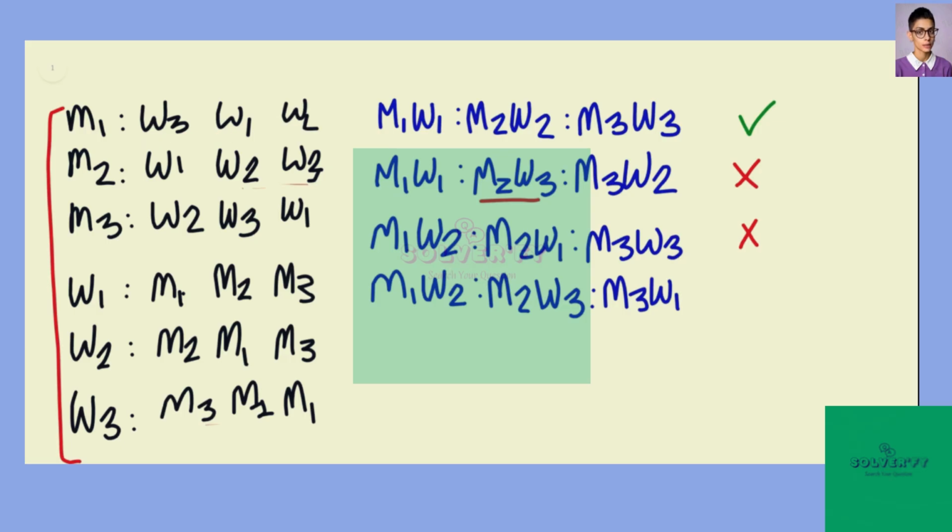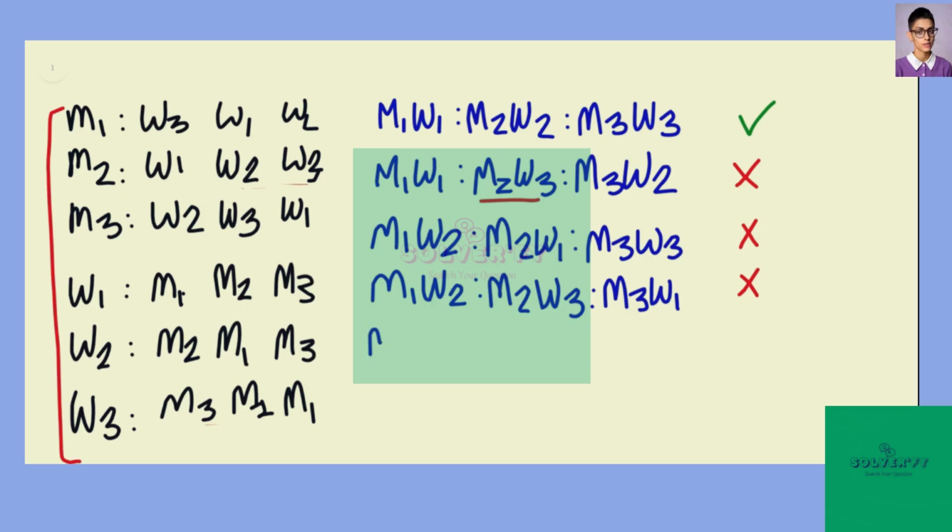And woman 2 is going to prefer male 2 over male 1. Okay, so both people in this first pairing could improve their situation. So this one's also unstable.